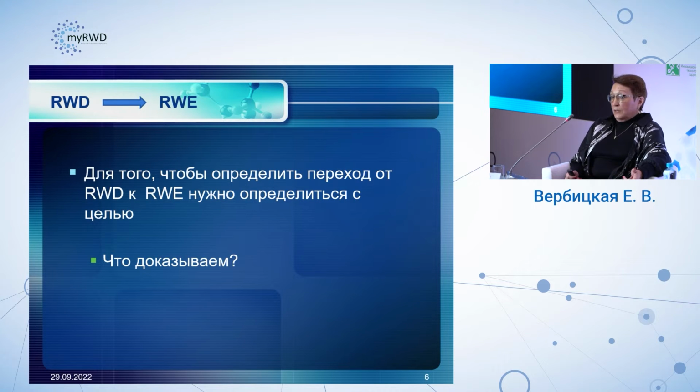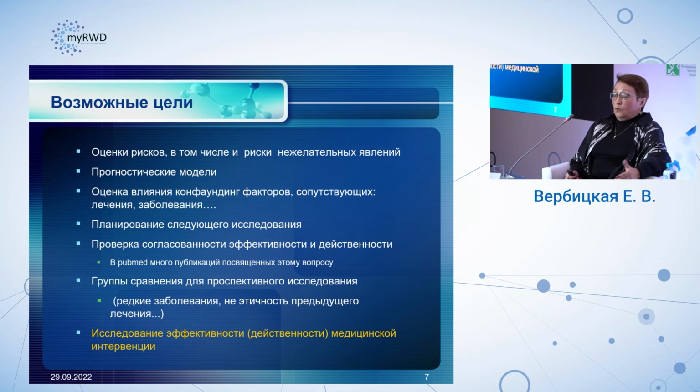Very many questions arise, and first, in order to define the transfer from the data to the evidence, we need to state the goal, divide the goal. It can be the assessment of risks, risk of side effects, adverse events. Prognostic models can be used.